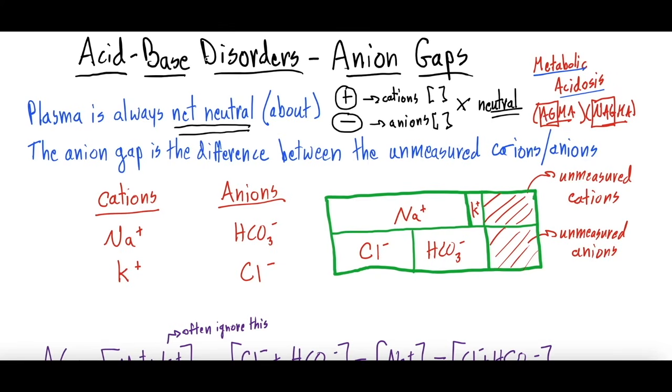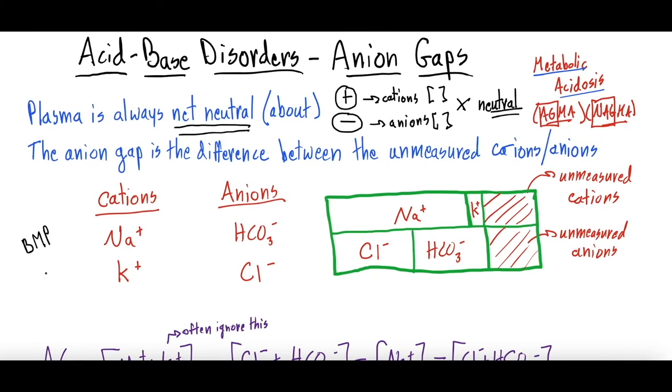So when we look at the anion gap, what we're actually talking about is a lab calculation. The anion gap is often reported on a basic metabolic panel, a BMP, but that's just the lab calculating it. It's not a direct measurement.